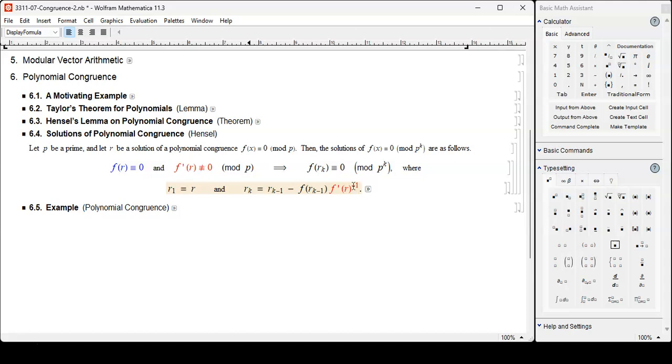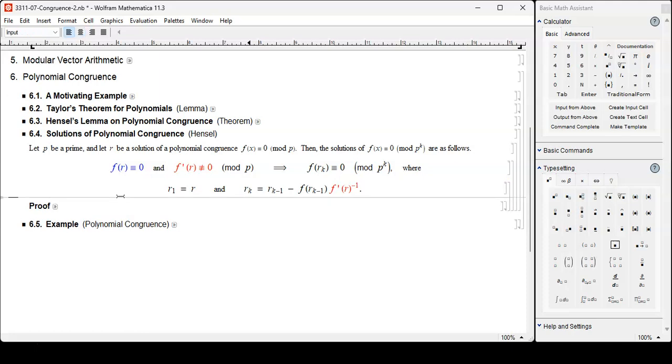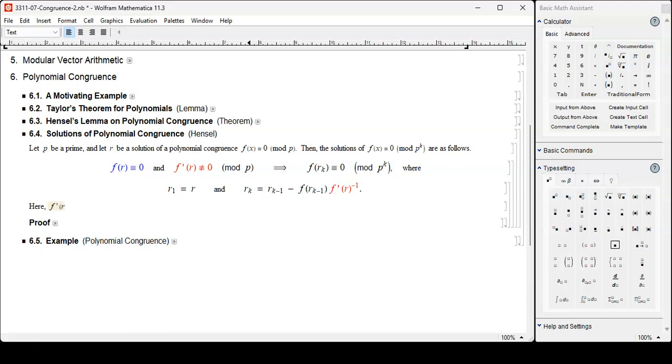So this additional condition yields this f prime of R inverse. As a matter of fact, I should have specified that it is a multiplicative inverse of f prime of R modulo p, not modulo p to the k power or k minus 1 power. It is modulo p. That's something I should have emphasized. Okay, I'll correct that in the real notebook.